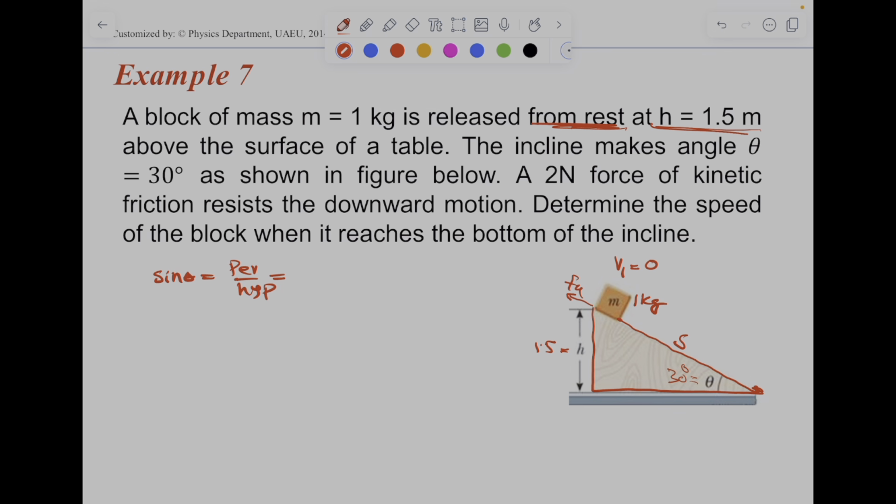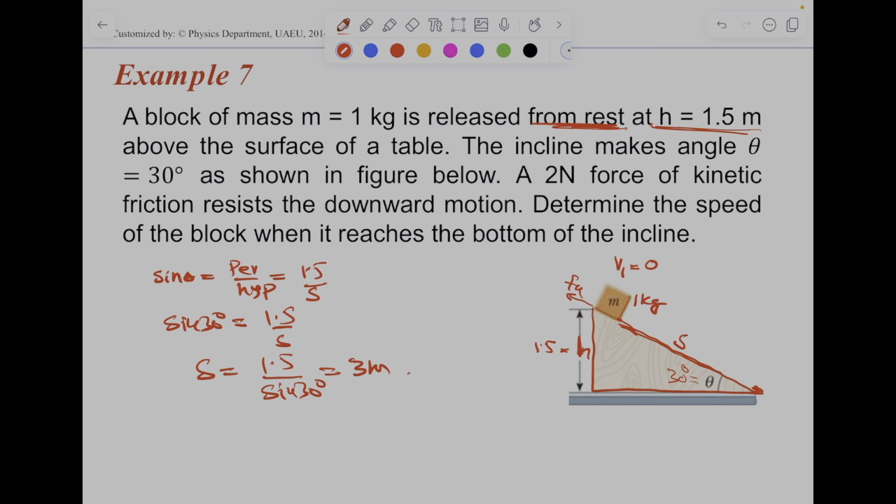Perpendicular is 1.5, this h, and the hypotenuse is this s, and the angle is 30 degrees. So your s is 1.5 divided by sine 30 degrees, which is 3 meters.